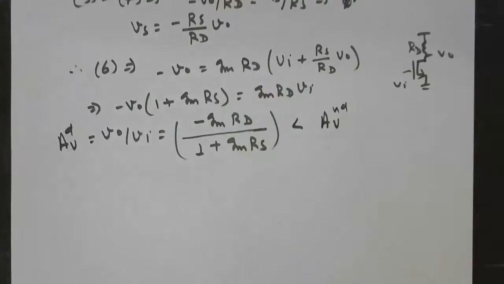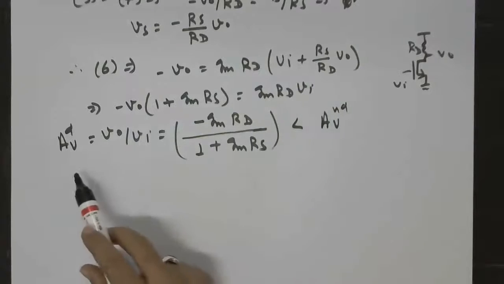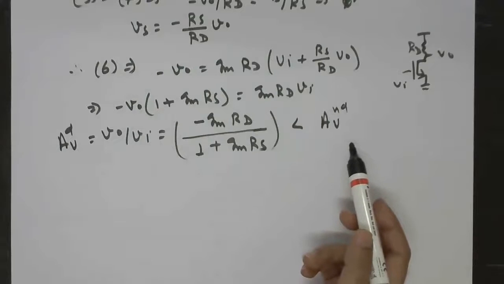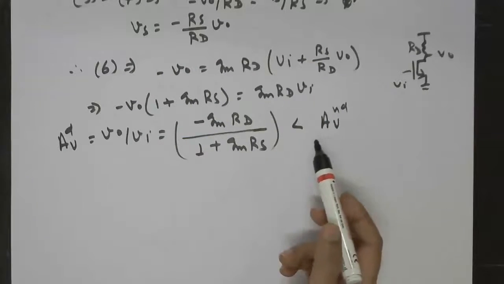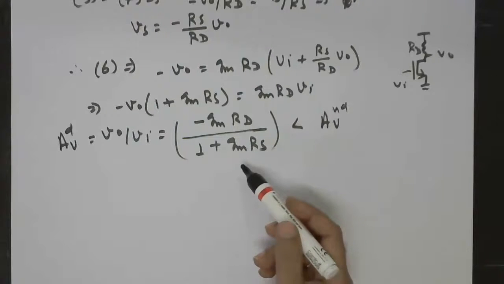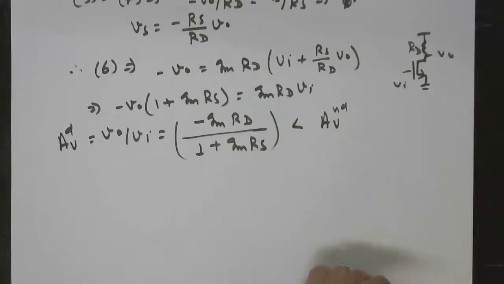So the first reaction would be: why go for degeneration when the gain is less than what we were getting earlier? Certainly, looking only from the gain point of view, this circuit is not beneficial.